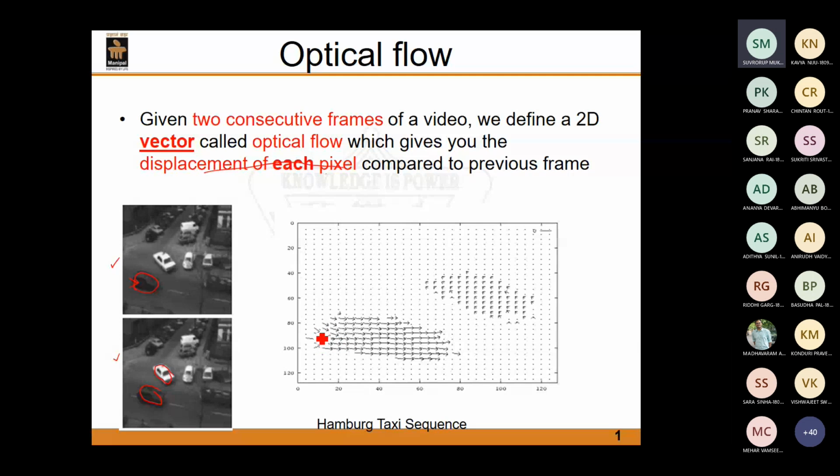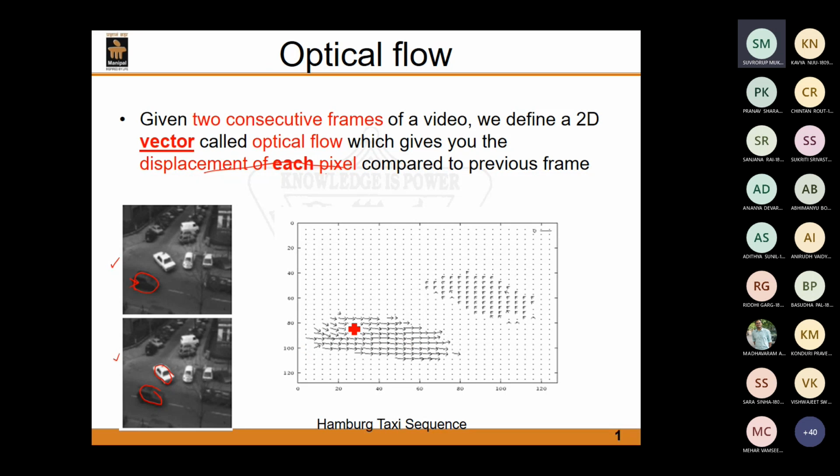For each pixel the displacement will have a direction, which shows in which direction the pixel has moved between two consecutive frames, and the length of the arrow will show by what magnitude it has moved, or how distant the pixel has moved between two frames.